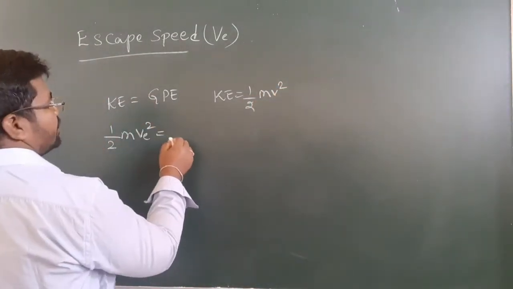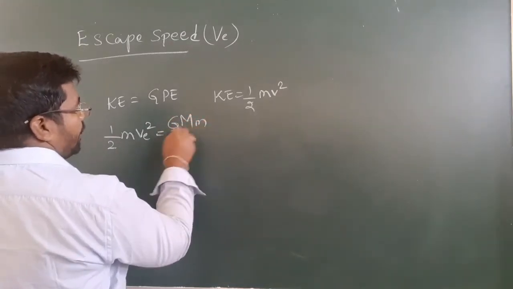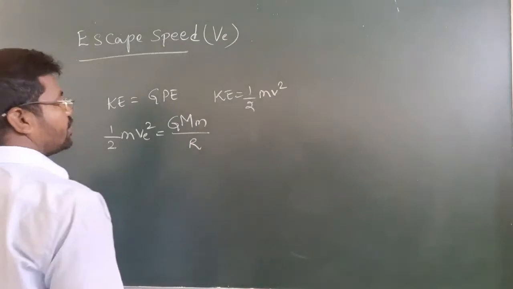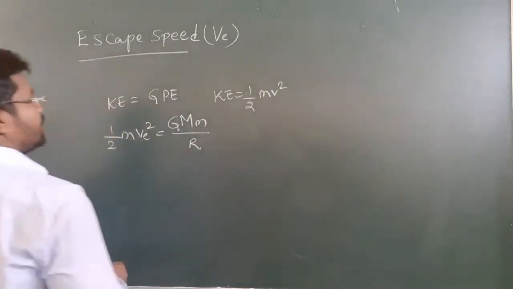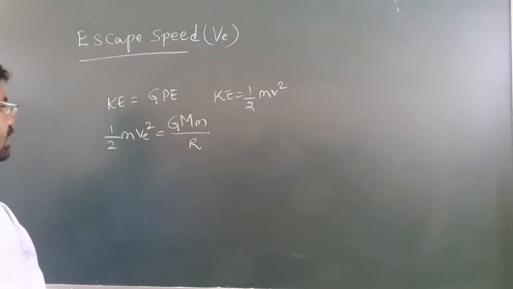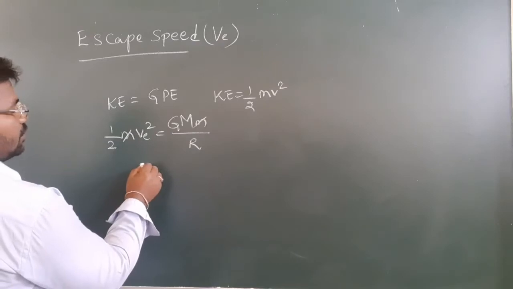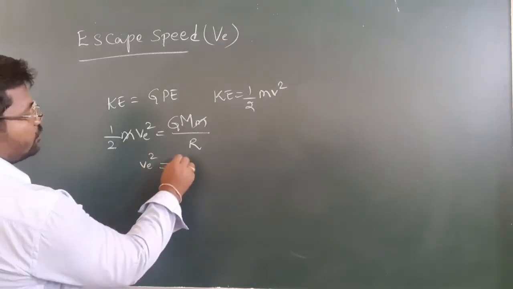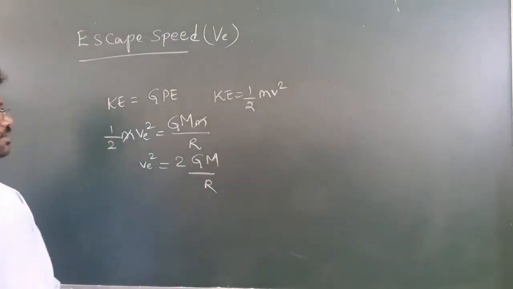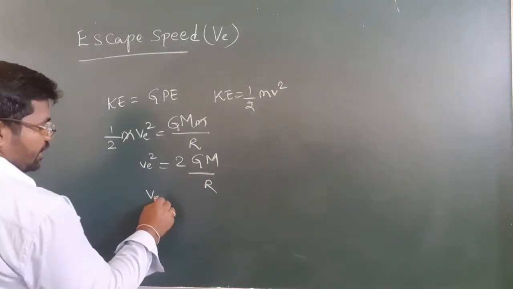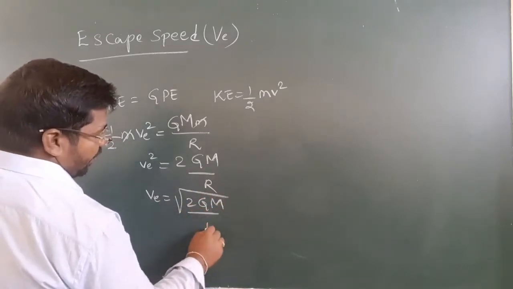Gravitational potential energy is G M m by r, taken as positive. Now m gets cancelled, then Ve square is equal to 2 G M by r, so Ve is equal to root of 2 G M by r.